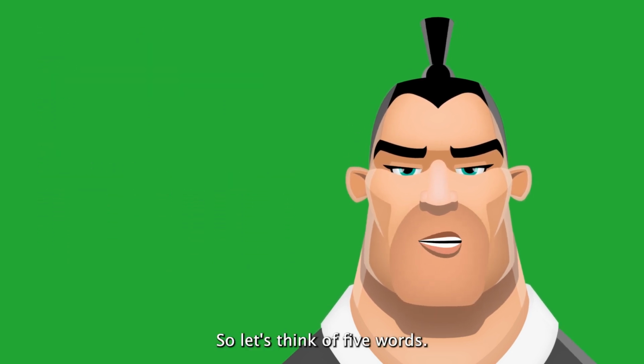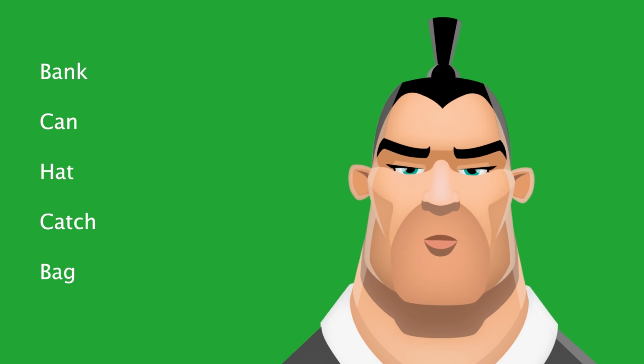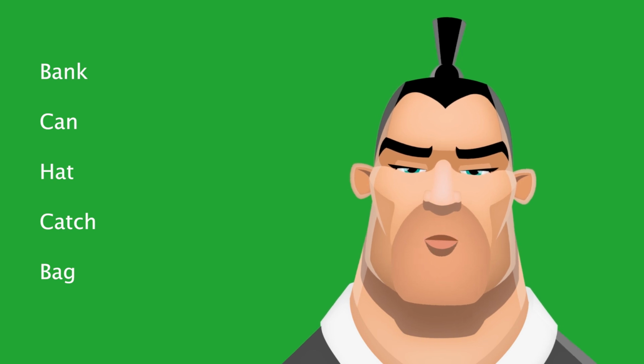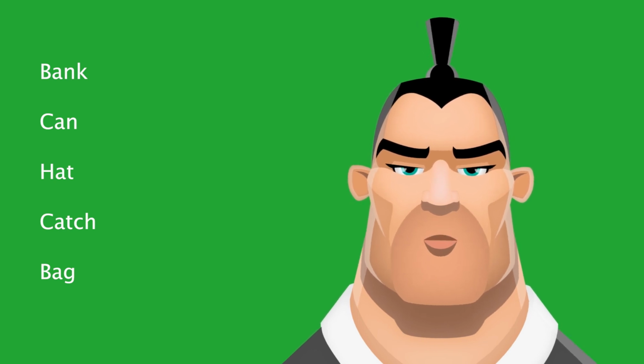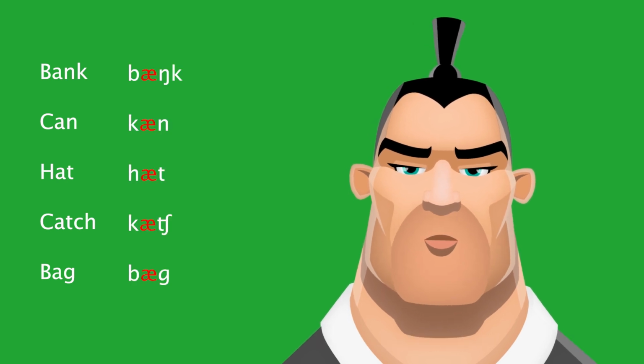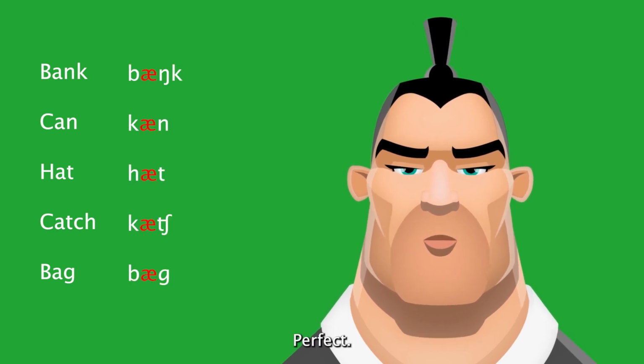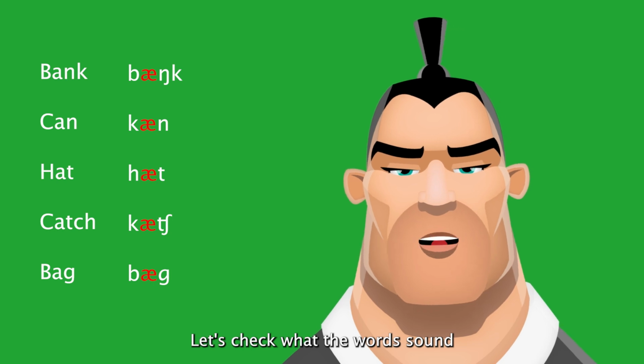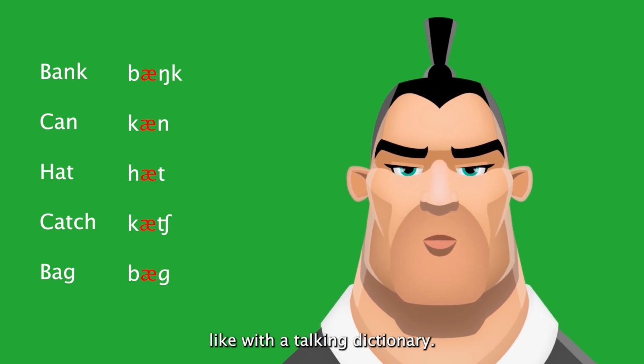So, let's think of 5 words. Bank, can, hat, catch, and bag. Let's check to see if we got the right sound. Perfect. Let's check what the words sound like with a talking dictionary.